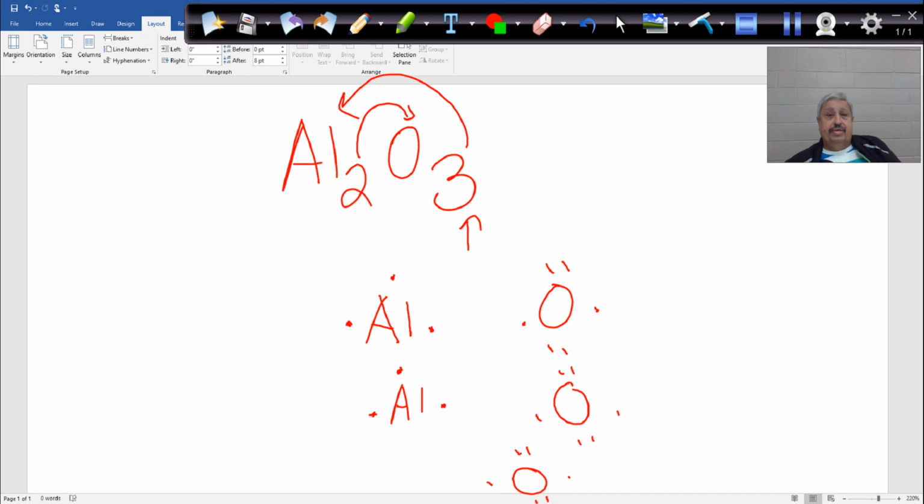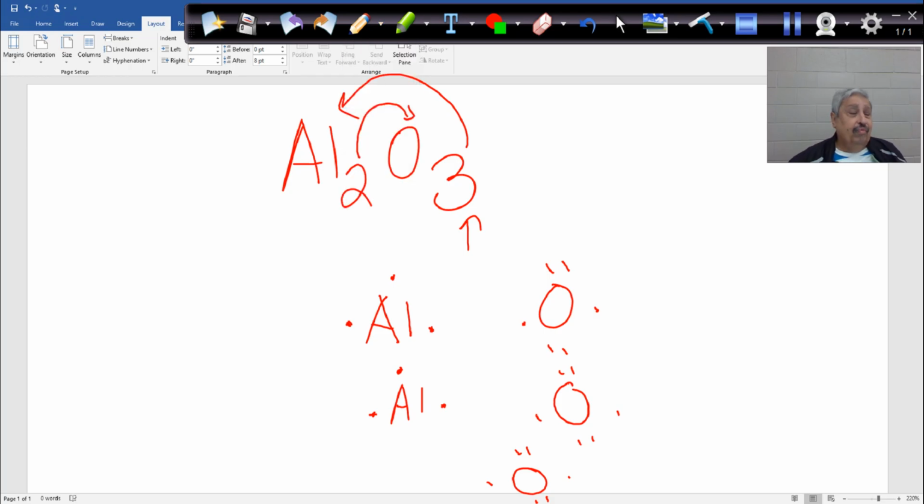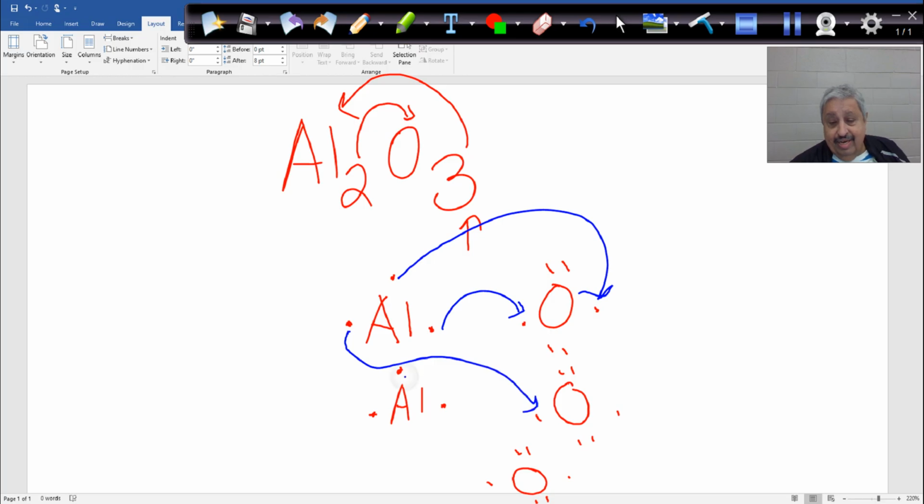Now what will happen here, what is the Lewis dot structure of this compound? Well, let's look at what will happen here. All valence electrons of aluminum will be given away. So this will go here, this will go here, correct? This will go here, and this will go here.